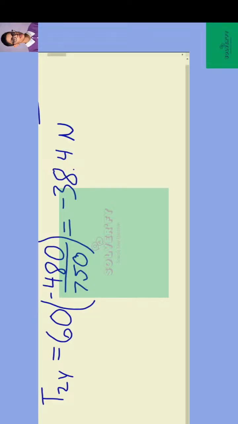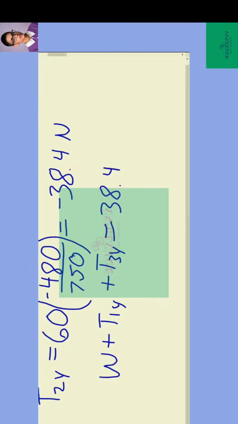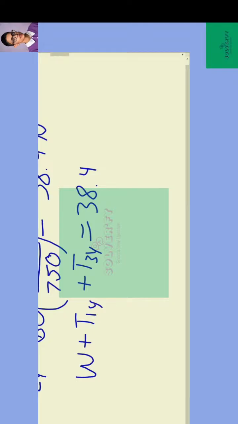Let's plug this back into our equation for sum of the forces in the y direction. We get W plus T1y, and I'm going to move the T2y to the other side of the equation to get rid of the negative. And that's what we have now. So we need to find our T1y and our T3y in order to find our W.